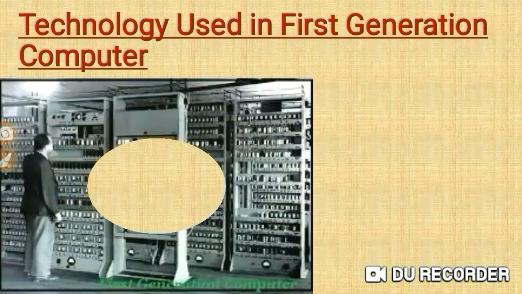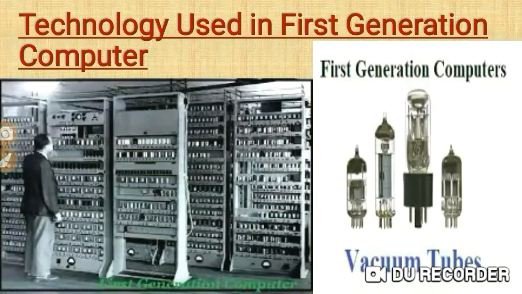They were bulb-like structures, produced a lot of heat, and used to fuse frequently. The vacuum tube allows signals to be sent and calculations to be performed more quickly.